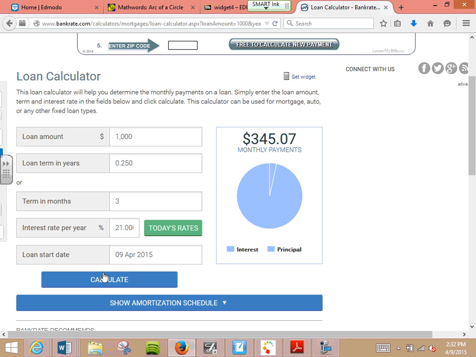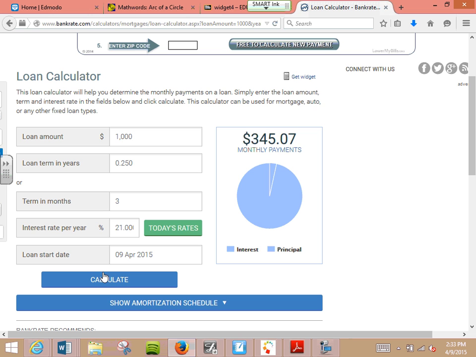I mean, 3 months, right? Because this one says in years, what is the decimal of 3 months? 0.25, right? So you would divide the number of months by 12, and that gives you the number you need to put in here. Then you put the interest rate and calculate, and it gives you $345 a month. It's not very difficult.